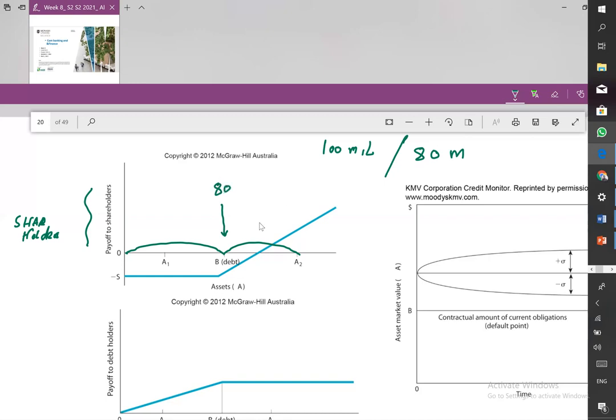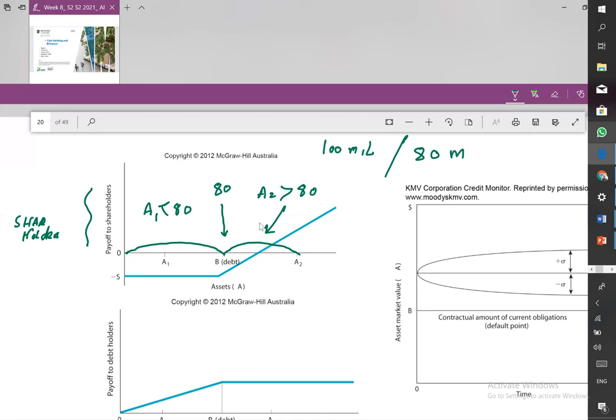And this area will be more than the 80 million, and this A1 will be less than the 80 million. This area, which is A2. So in this case, actually, the defaulting will happen here.